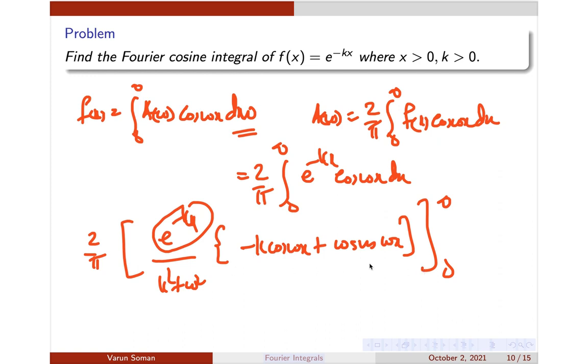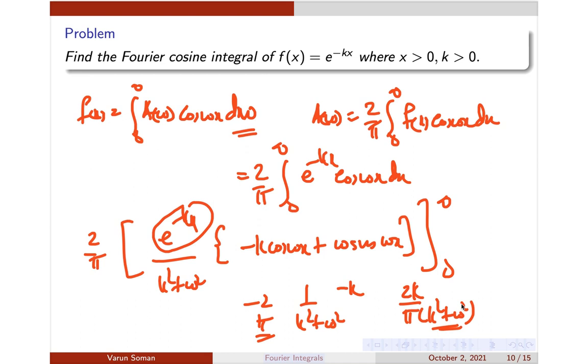And when you use 0, it will have minus 2 by pi and 1 by k square plus omega square, minus because it's a lower limit here, into, when you put omega x as 0, you will get minus k there, and your sin omega x will become 0. So it is actually 2k by pi into k square plus omega square.